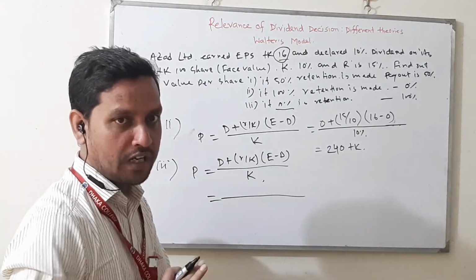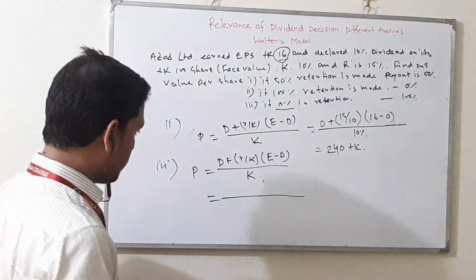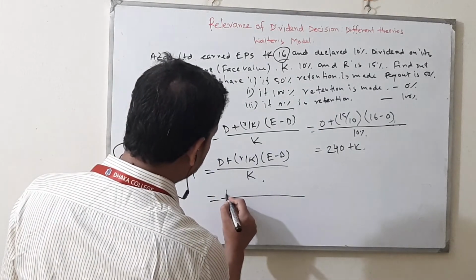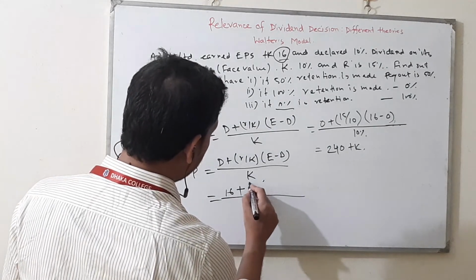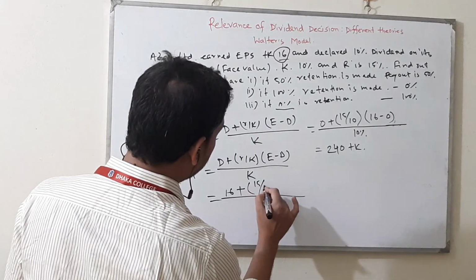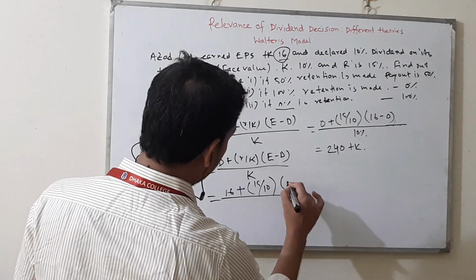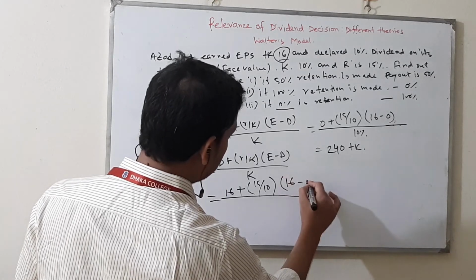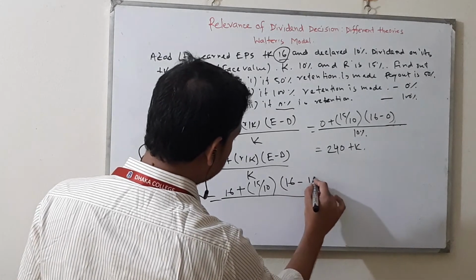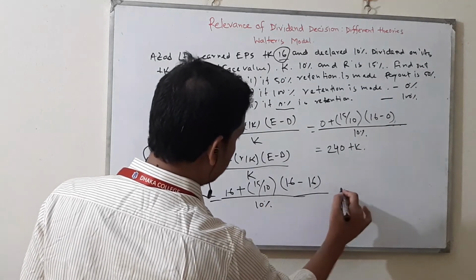Total profit, total earning per share is distributed. Payout ratio, there is no retention. So DPS is 16 taka plus R by K, 15 by 10, into 16 taka minus DPS 16 taka, divided by 10%.